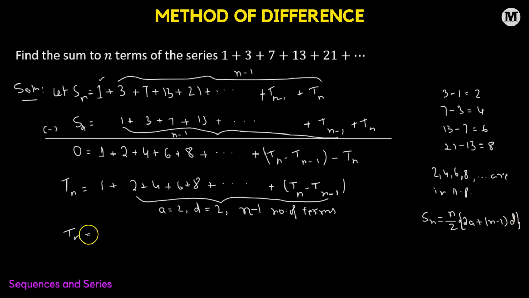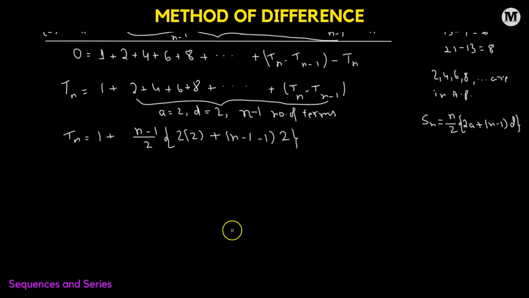So Tn will be equal to 1 added to the total number of terms n minus 1, divided by 2, multiplied by 2 times the first term added to n minus 1 minus 1 times the common difference 2. Let's simplify this to obtain Tn. So Tn is equal to 1 added to n minus 1 over 2 multiplied by 2 times 2, that's 4, added to n minus 2 multiplied by 2, which gives us 2n minus 4.